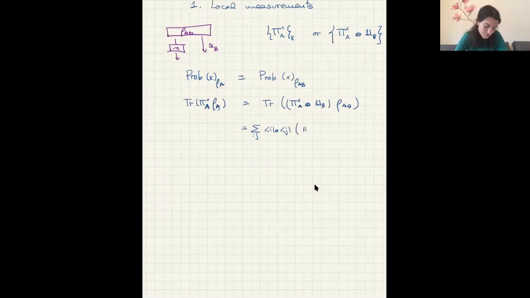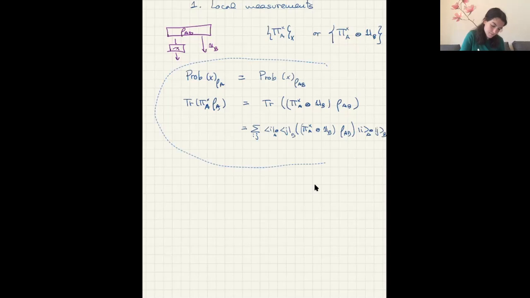Now comes pi X on A times identity on B, times rho AB. And now comes again I on A and J on B.